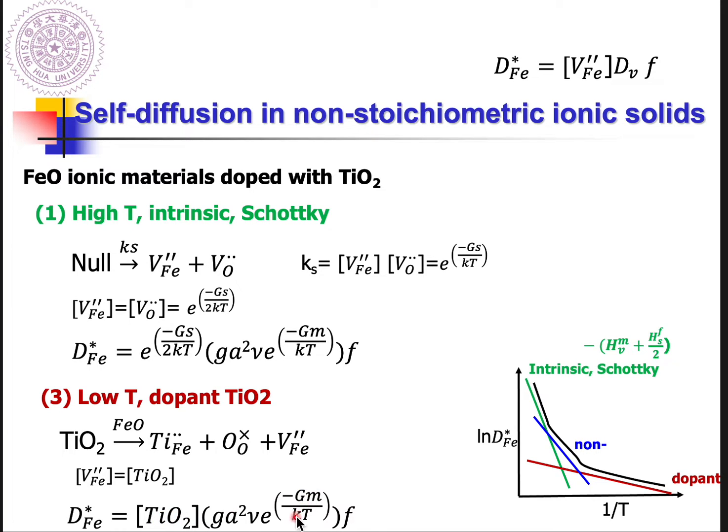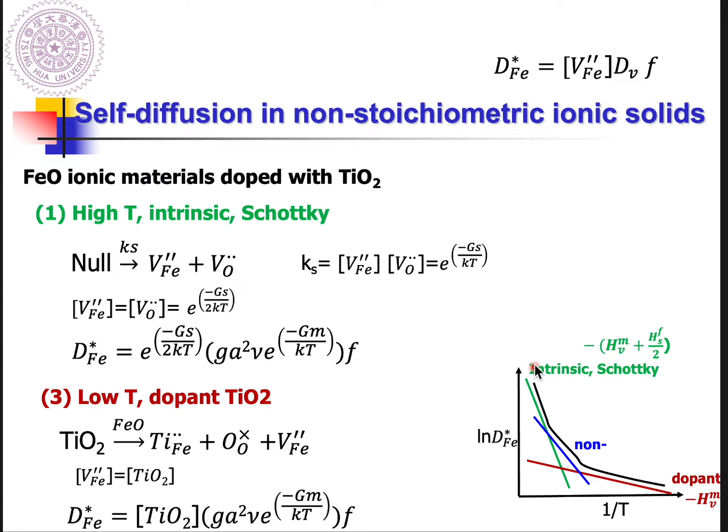So you get the migration enthalpy term here. The same idea: as long as you fit it here, based on this fit you get the HVM migration energy, then you know the slope here, so I can get the Schottky defect formation energy for these materials.